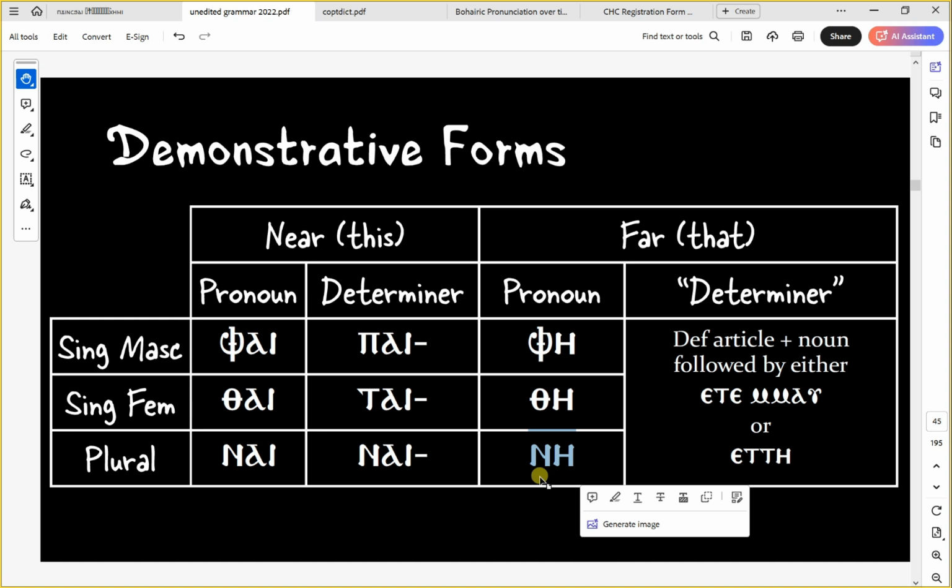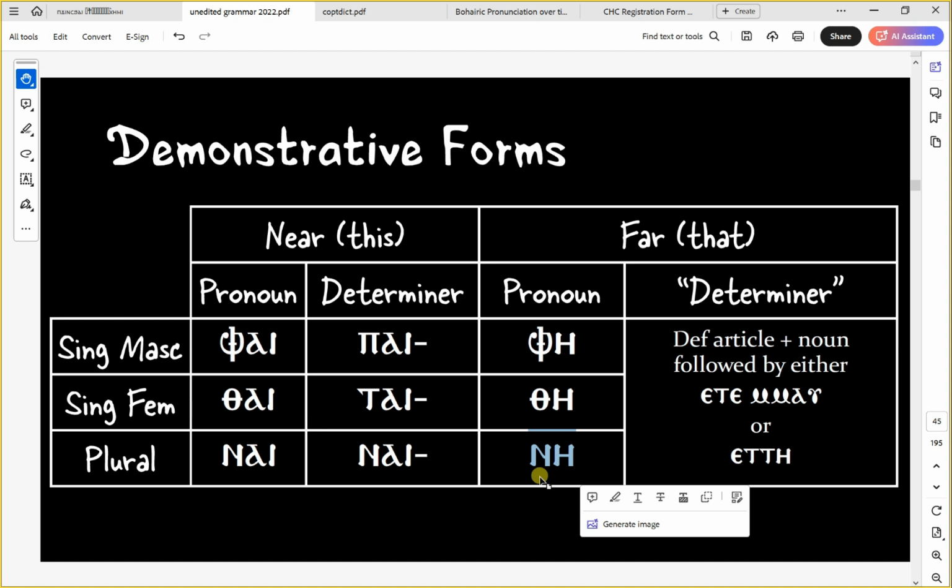Now, for the word that, there is no way to make it the determiner, meaning there's no easy way to have a prefix to say that bread, for example. So what you have to do is you use the definite article. So for bread, you say pi oik, and then you add either of these phrases after it.